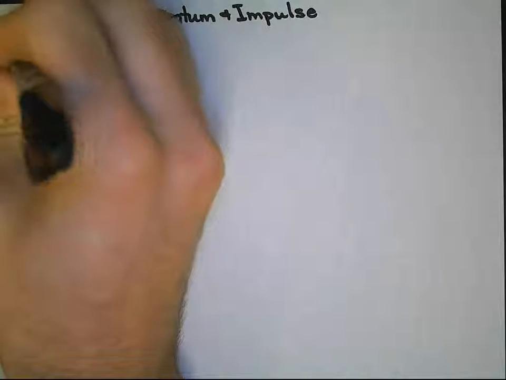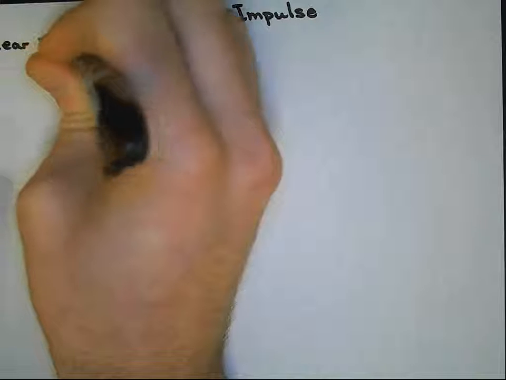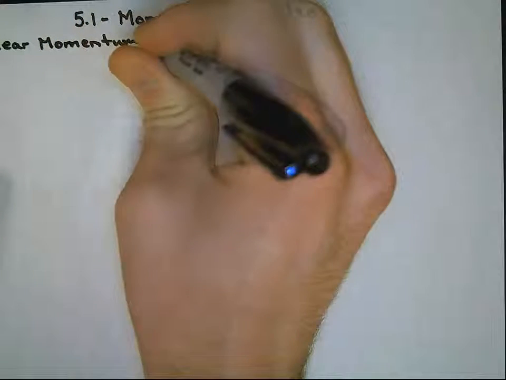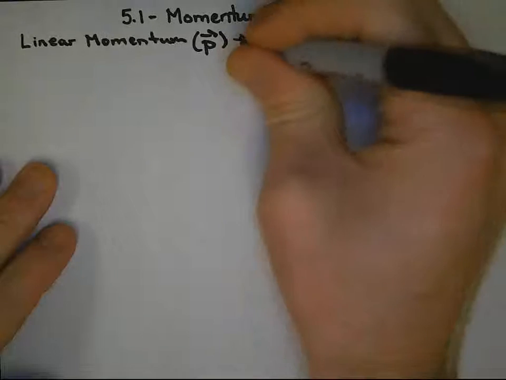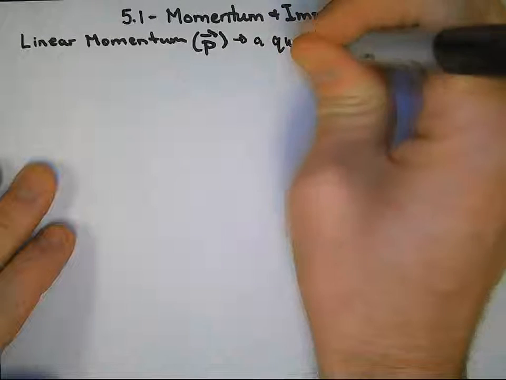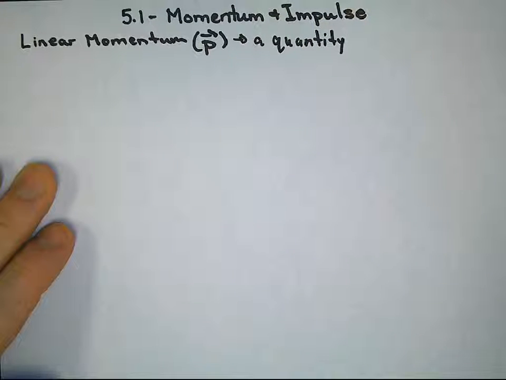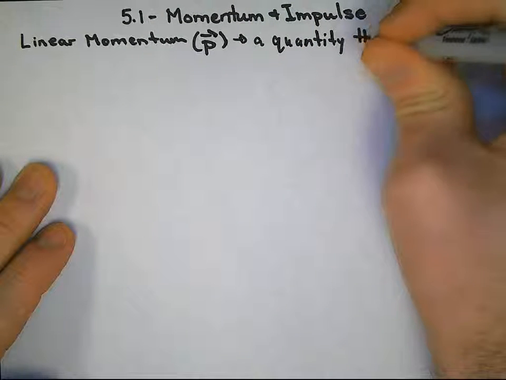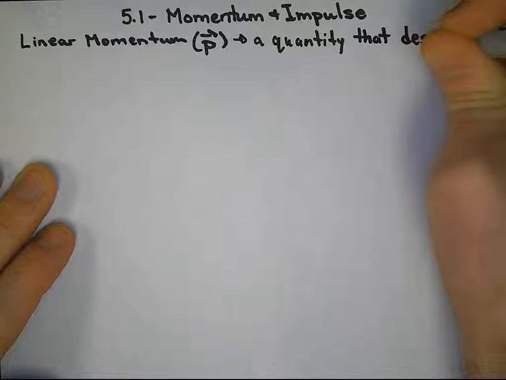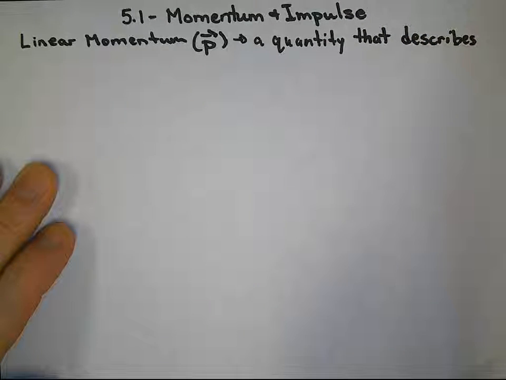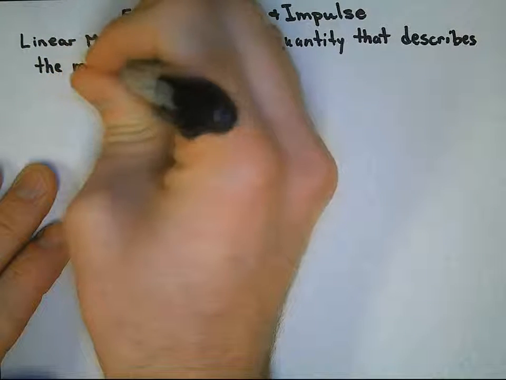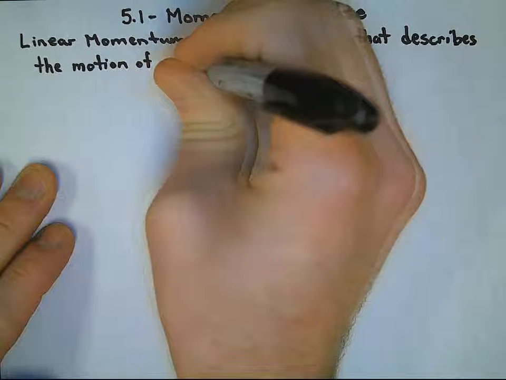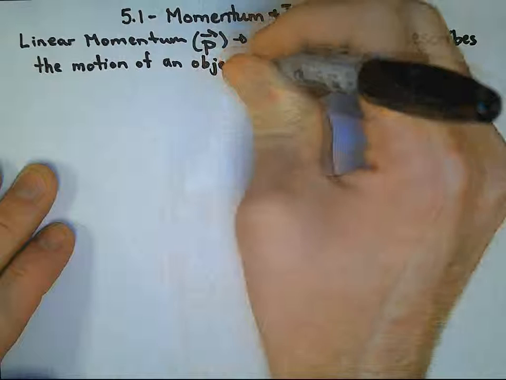When we talk about linear momentum, given by P, and I will just refer to linear momentum from now on simply as momentum, we are talking about a quantity that describes the motion of an object traveling in a straight line.